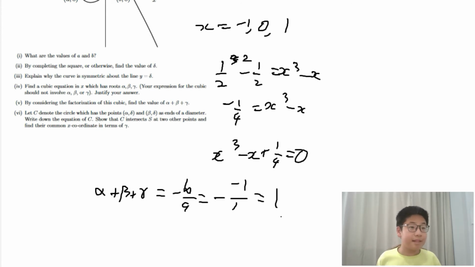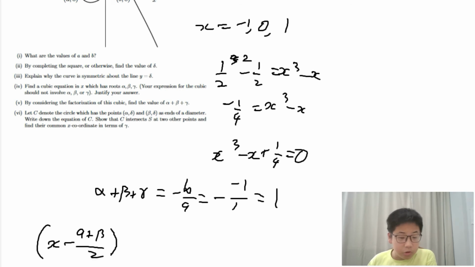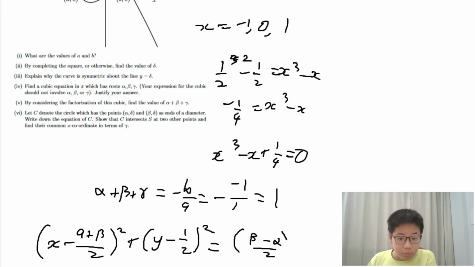Then let's denote the circle which has the points (alpha, delta) and (beta, delta) as ends of a diameter. Write down the equation of C. So (x minus (alpha plus beta) over 2) squared plus (y minus a half) squared equals ((beta minus alpha) over 2) squared.